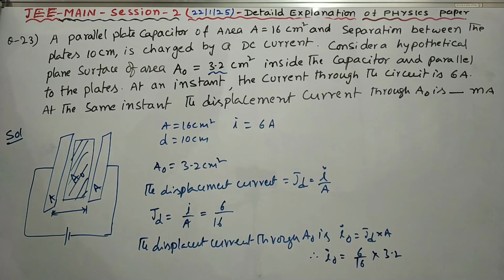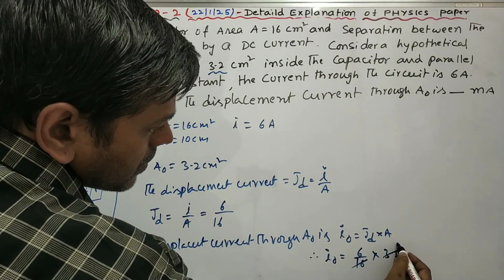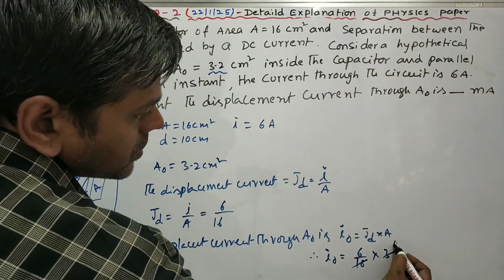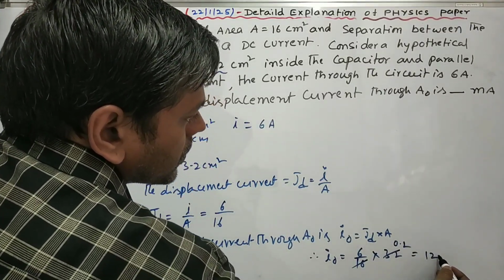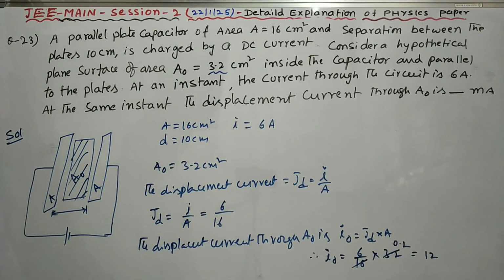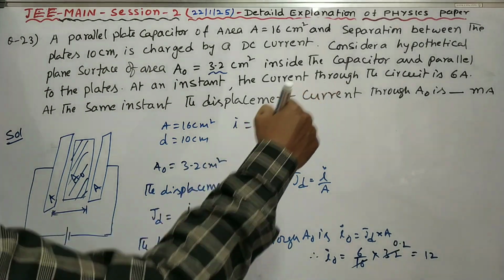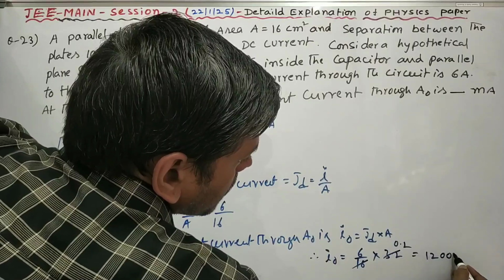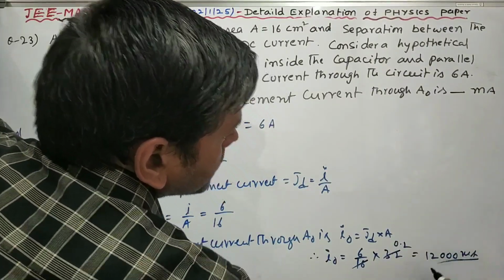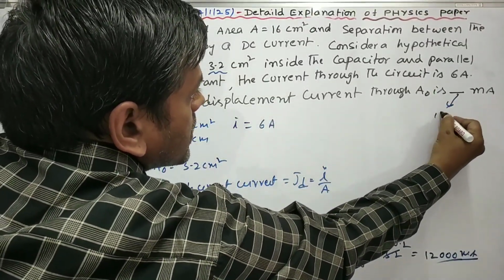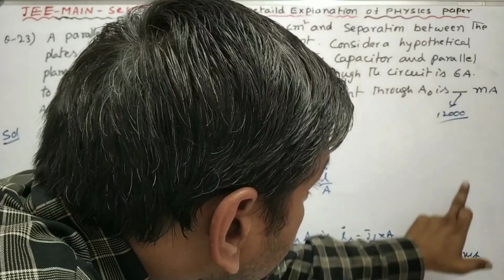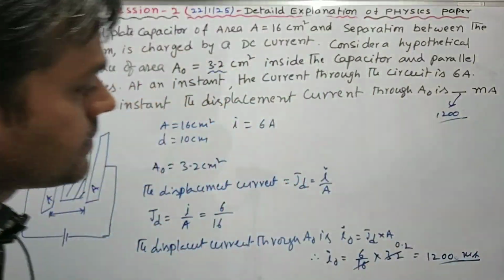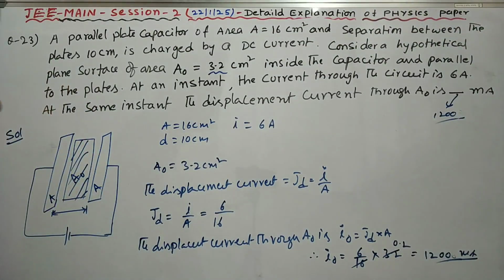So what happened? It comes to 1.2. But it is asked in milli, so the answer is 1200 milliampere.